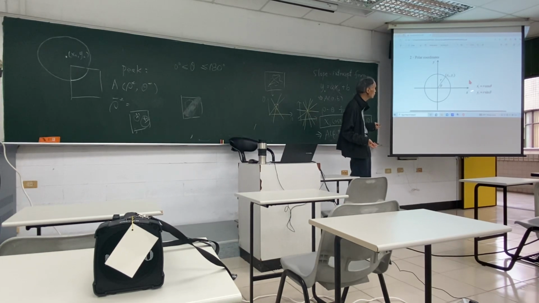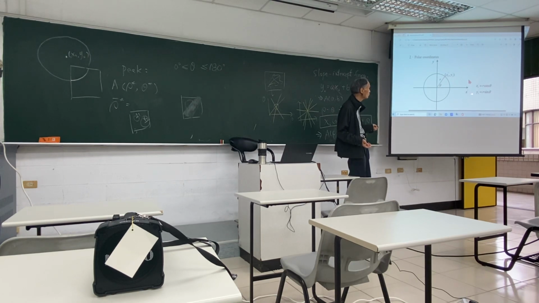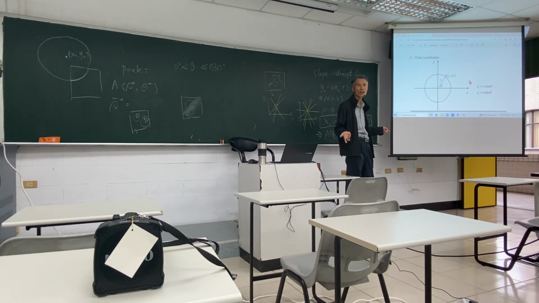Now, the coordinates can be calculated: xi prime becomes r times cosine theta, and y becomes r times sine theta. That's it.